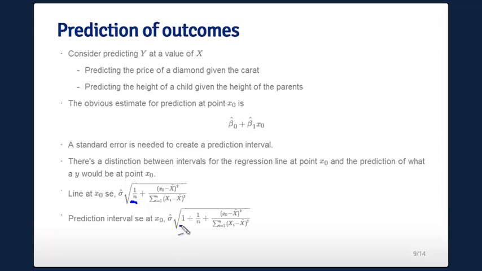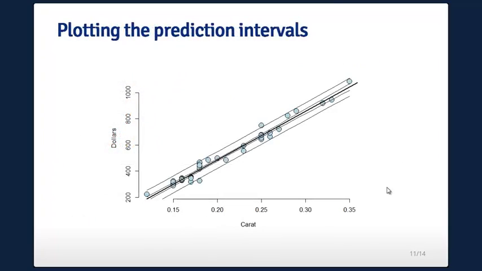In contrast, look at the prediction interval. It has this part, 1, that doesn't decrease with n, that's just intrinsic, that never goes away. And the prediction interval is these lines right here. So if instead of asking what's the line at 0.3, I wanted to guess what a particular y value is at 0.3, then you have to include all this uncertainty for the points around the line.